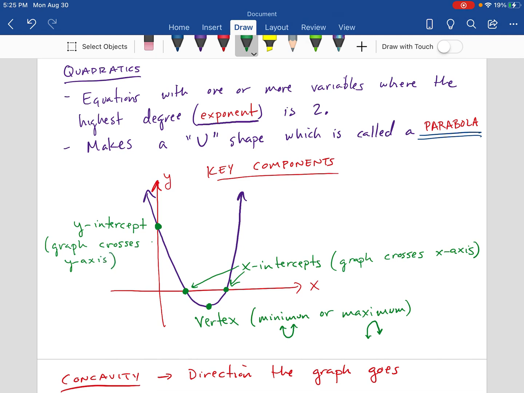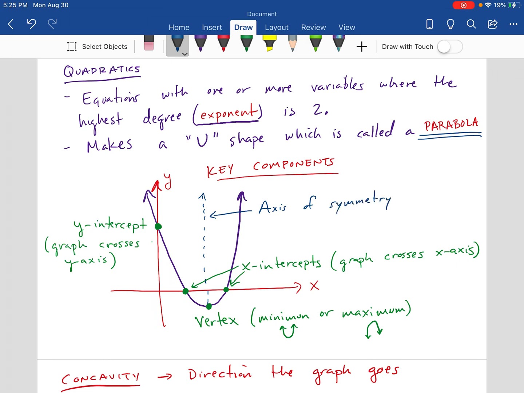And there is one more important point that I need to show you on here, and that is through the vertex. There is an invisible line right through the vertex. It goes on forever and ever, and this line is called the axis of symmetry.